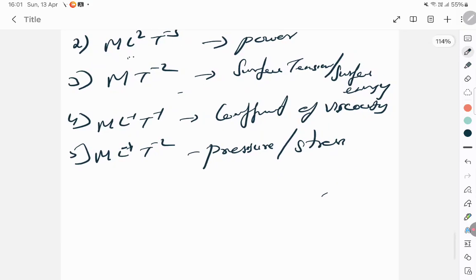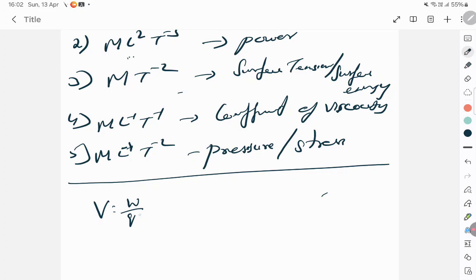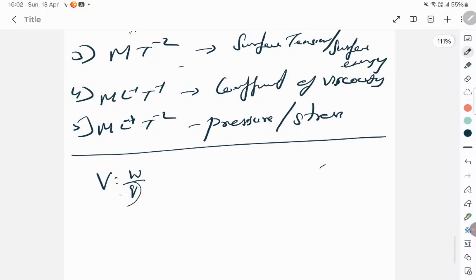Next thing is, they will ask you for potential. Say, what is potential V? It is W by Q, the work done in moving a charge from one end of the conductor to the other end of the conductor. But you should know what Q is.